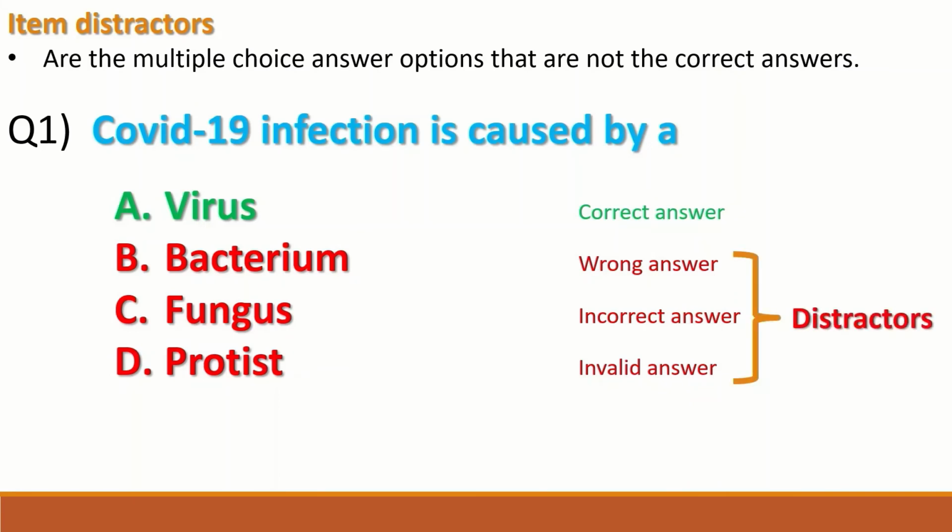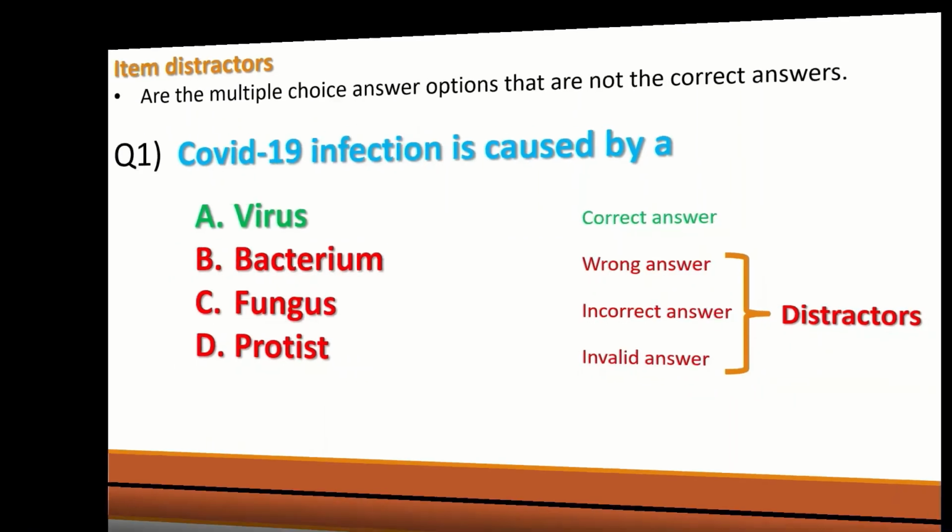So B, C, and D are called the distractors because they distract the student from selecting the correct answer, which is A, and attract them to select the wrong answer, which is B or C or D.